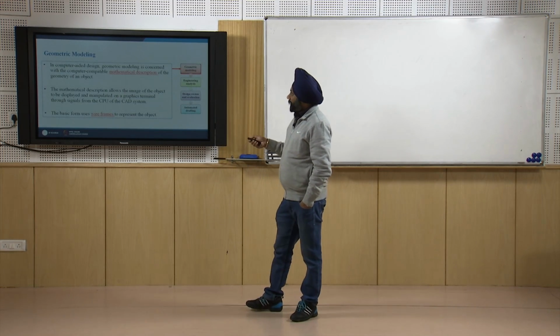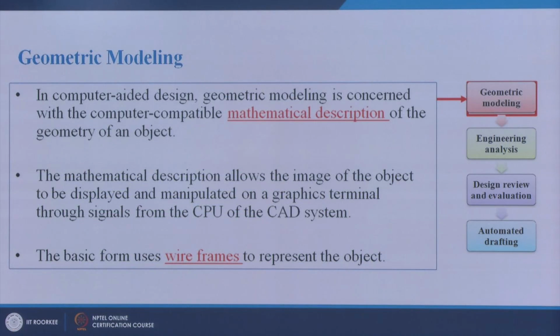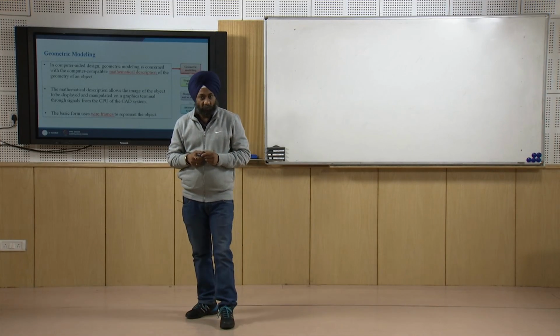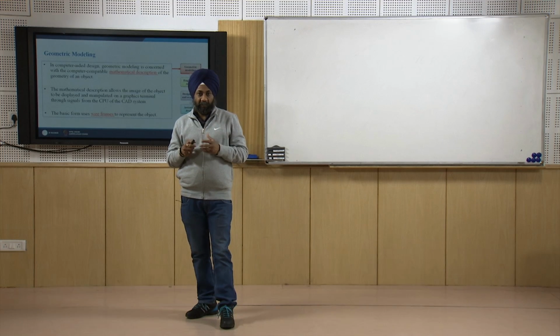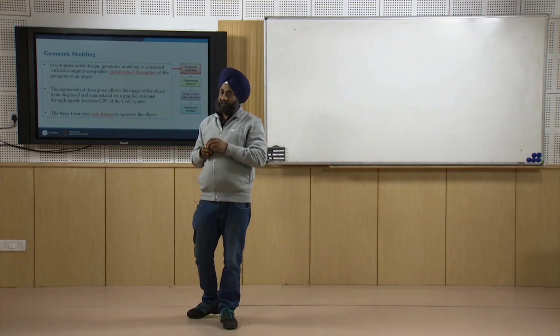Now the first part here is geometric modeling. In computer aided design, geometric modeling is concerned with the computer compatible mathematical description of the geometry of an object. Some of you who are not from an engineering background may be wondering how data is saved on our system.